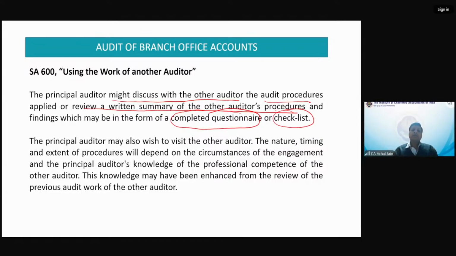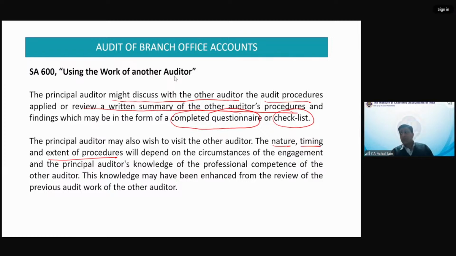The principal auditor may also wish to visit the other auditor, meaning go meet and discuss with them. And what will be discussed? The nature, timing and extent of procedures which they would have applied. So these are areas which the principal auditor can always ask the component auditor about.